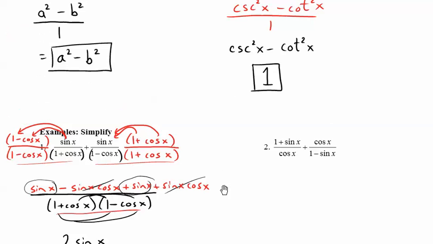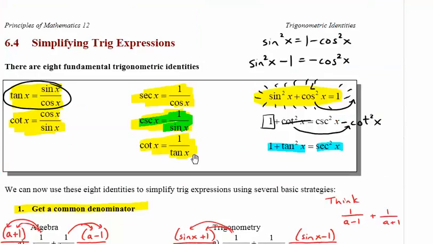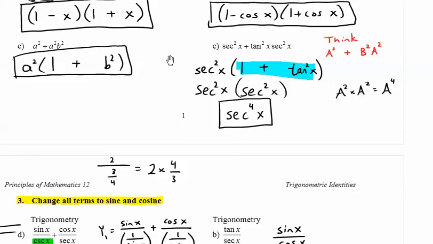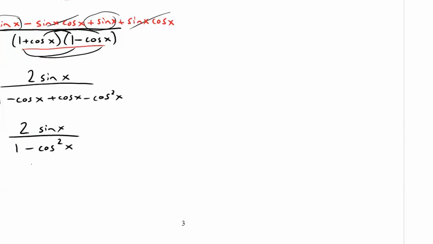Going up to the top, 1 minus cosine squared is the same as sine squared. So here I can write sine squared x in the denominator.